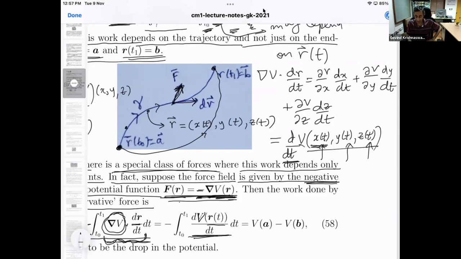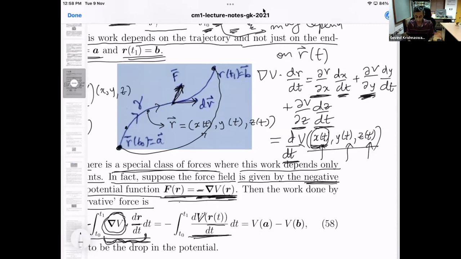That is what partial V partial x is, and then differentiate the argument, namely x, with respect to time. Add to that similarly dy dt times partial V partial y, and finally partial V partial z times dz dt. So this is a three-dimensional version of the chain rule, extended from one variable calculus to multi-variable calculus. I hope this calculation at least is clear to you.